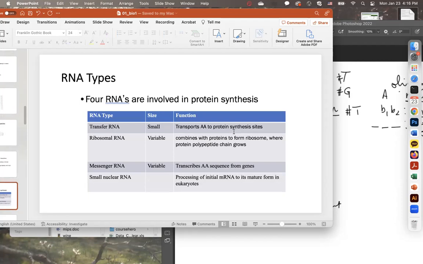The particular RNA type that we're going to run into a little bit is the transfer RNA, and this is to bind amino acids that we're going to talk about later on during the protein synthesis.